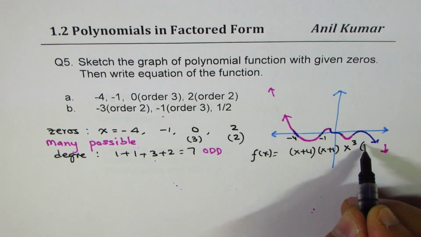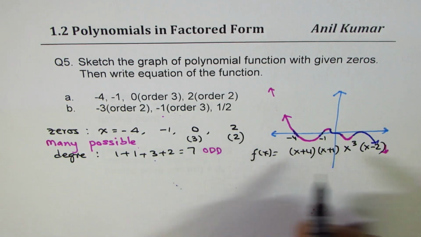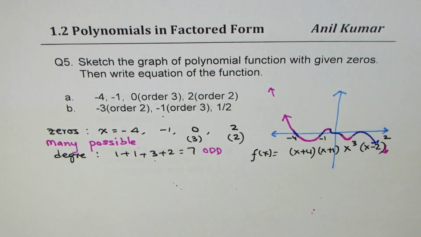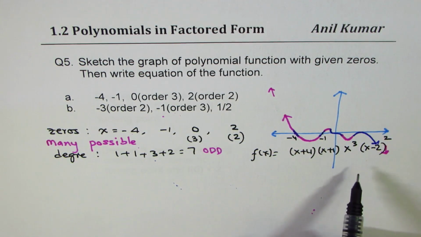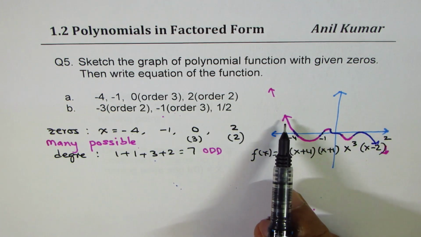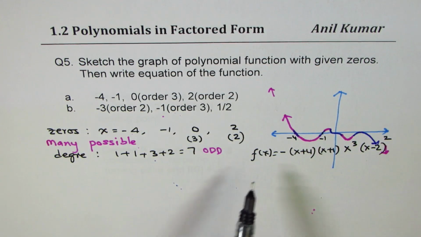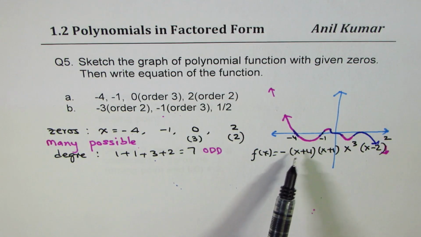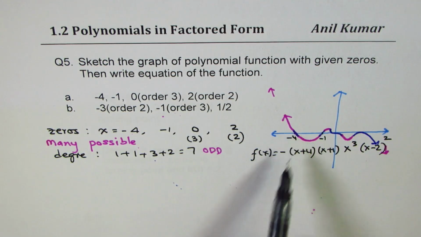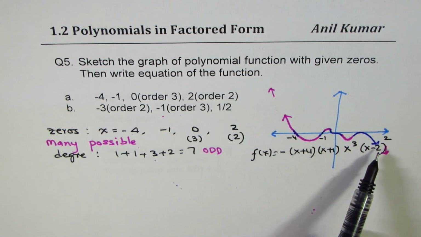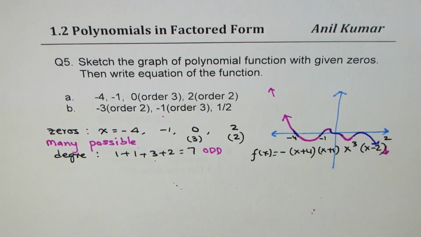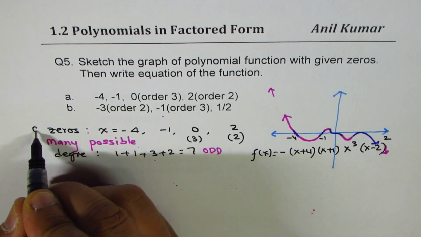Then at 2, we have a factor x minus 2 and the order is 2, so that's squared. Does it make sense to you? Right? Now, since we have drawn it like this, with a negative leading coefficient, we should write negative here. Otherwise, this equation is wrong. It does not reflect your graph. So it should be negative since we have kept the right side down. Does it make sense to you? Perfect. So that is how we do A.